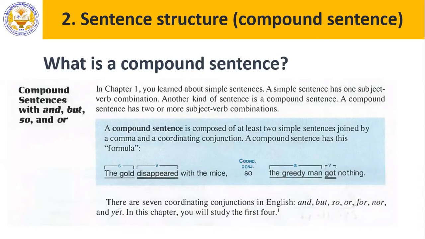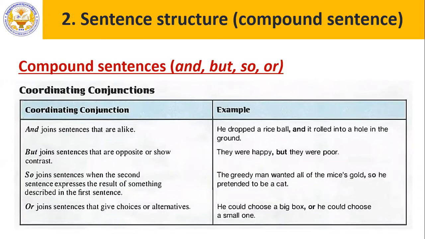We use fanboys as an acronym to represent all of the coordinating conjunctions. Like F refers to for, A refers to and, N refers to nor, and on and on. Alright? So you can use fanboys as a term for coordinating conjunctions. So this time we will study only 4 of them: and, but, so, and or.